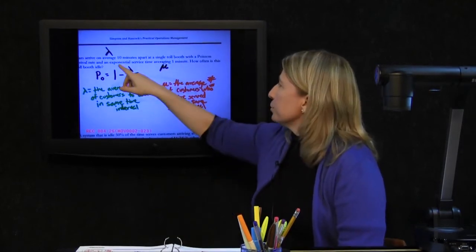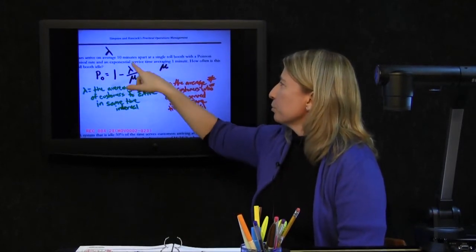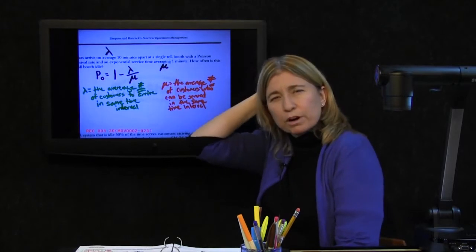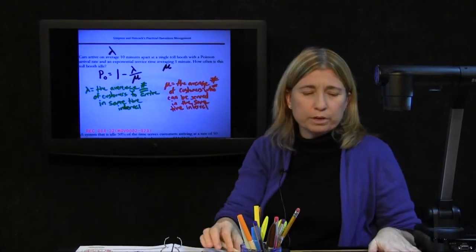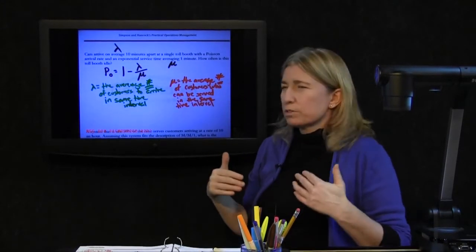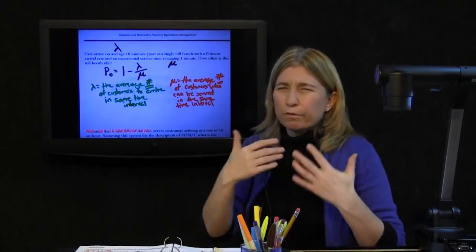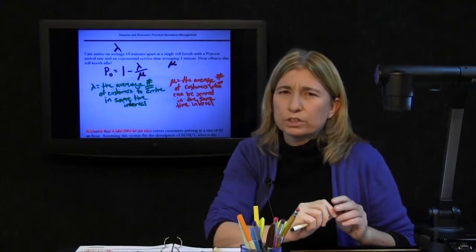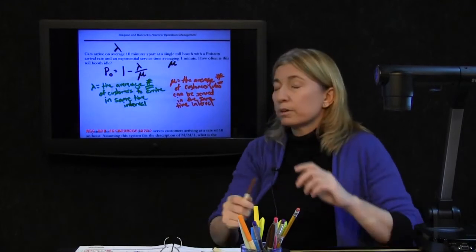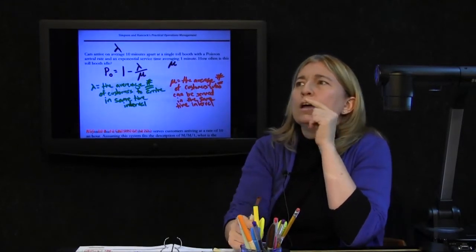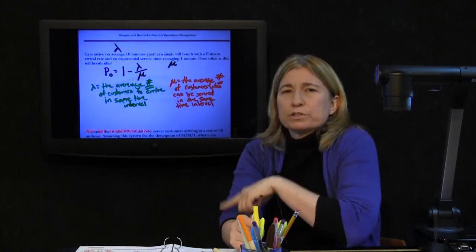Now, we don't have that information, but we have enough information to figure out in the case of the toll booth what it should be. And at this point, it's really not employing a formula or anything, it's just using logic. Look at lambda. Cars are arriving an average of 10 minutes apart.